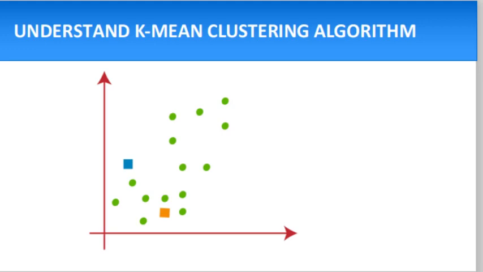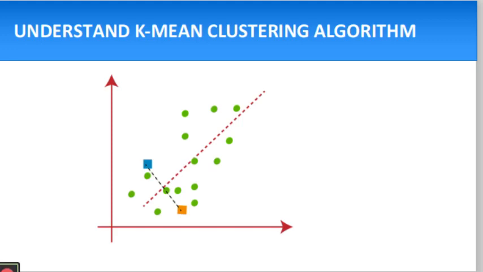To identify the data set and put them into different clusters, it means here we will try to group these data sets into two different clusters. We need to choose some random k points or centroids to form the clusters. These points can be either points from the data set or any other point. So here we are selecting 2 points as k points which are not part of our data set.